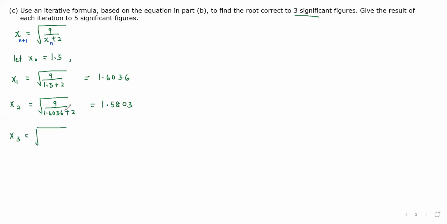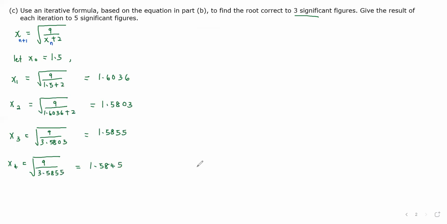We are nowhere near convergence, so we add 2 to that in the denominator, which is 3.5803. That is 1.5855. X sub 4 is square root of 9 over 3.5855, and that is 1.5845.